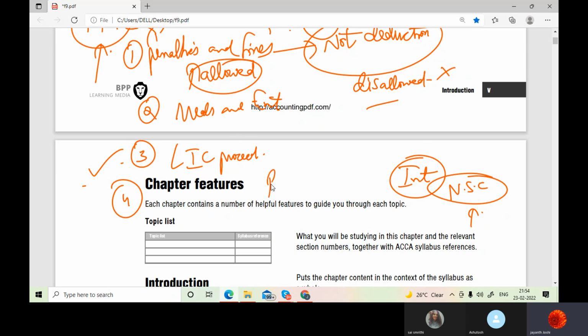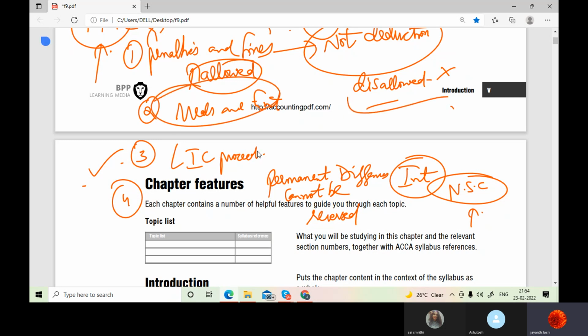And one more thing, permanent differences cannot be reversed. Why? Because something is shown in this but cannot be shown in this. So there is no chance of reversal. If I show something in this today in advance and show something in this in the future, then here I would have paid more taxes and here less taxes, but in the future I'll be paying more or less.